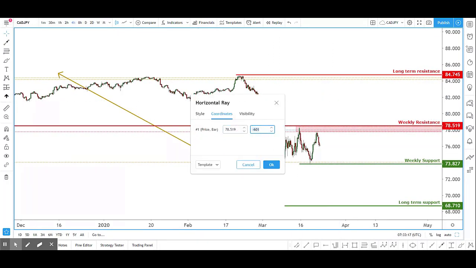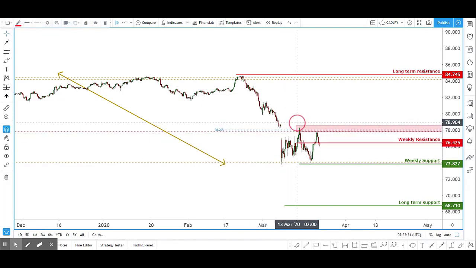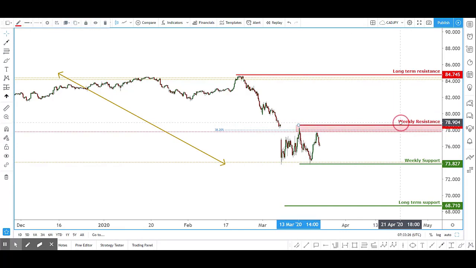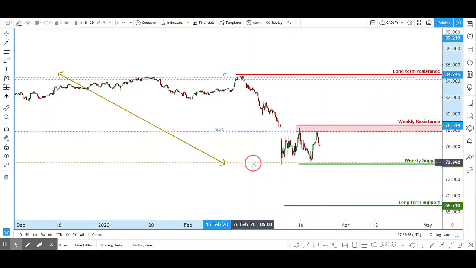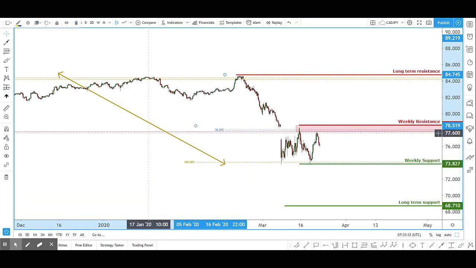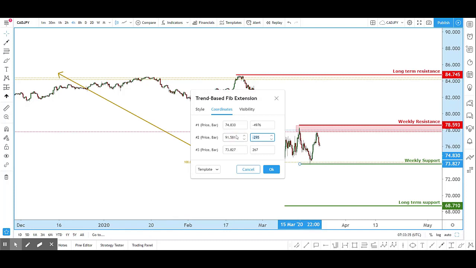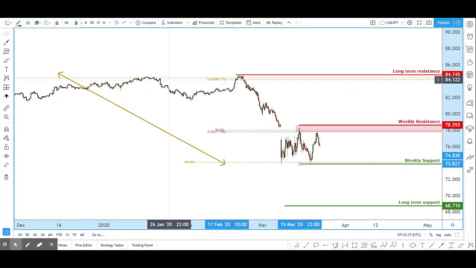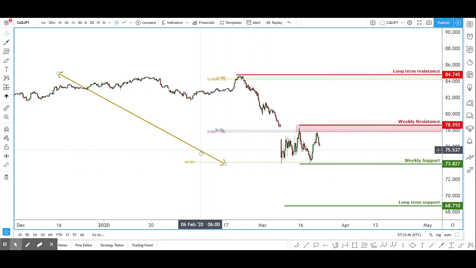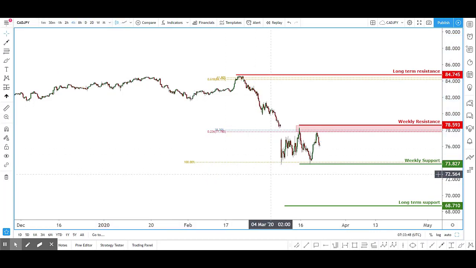Likewise, let me tidy this up. Remove this arrow because it's too far away.